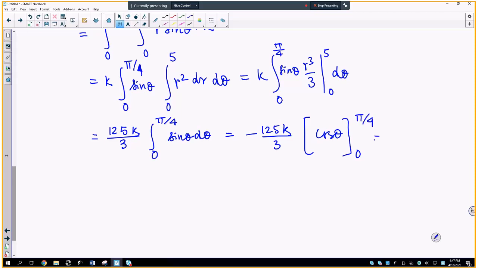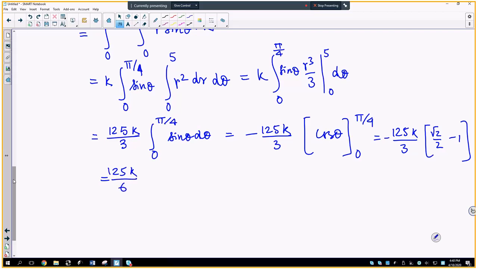So I get minus 125k over 3. Cosine of pi over 4 is square root of 2 over 2. And cosine of 0 is 1. So if you now push this minus in, I will get 125k over 6. Why 6?